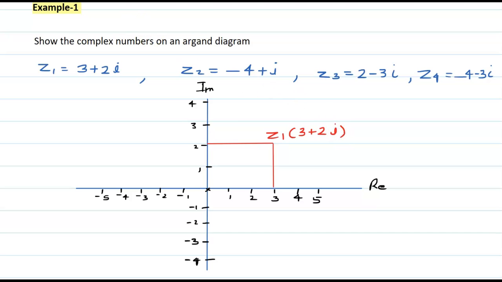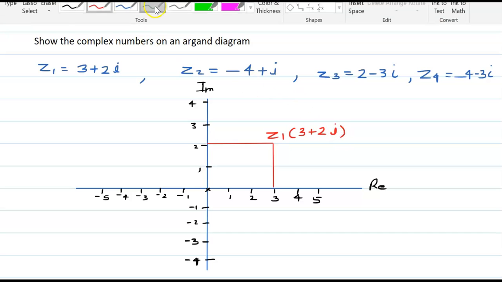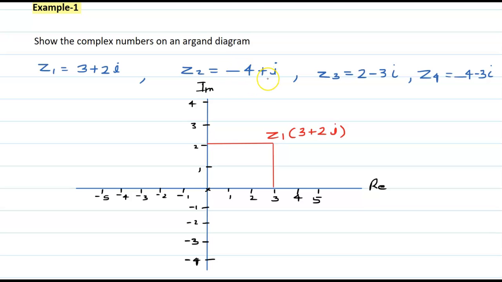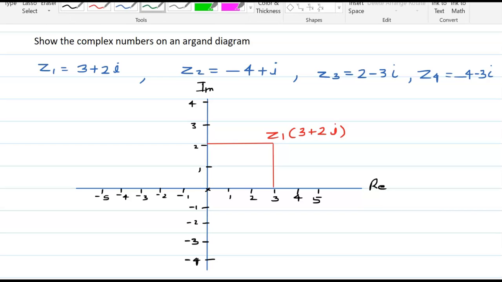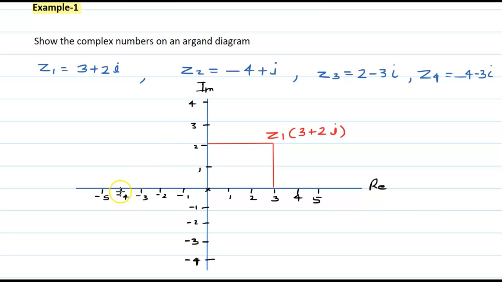Now let's see another point, that is minus 4 plus i. So we move minus 1, minus 2, minus 3, minus 4 here, and one step up. Sorry, plus 1 is up.